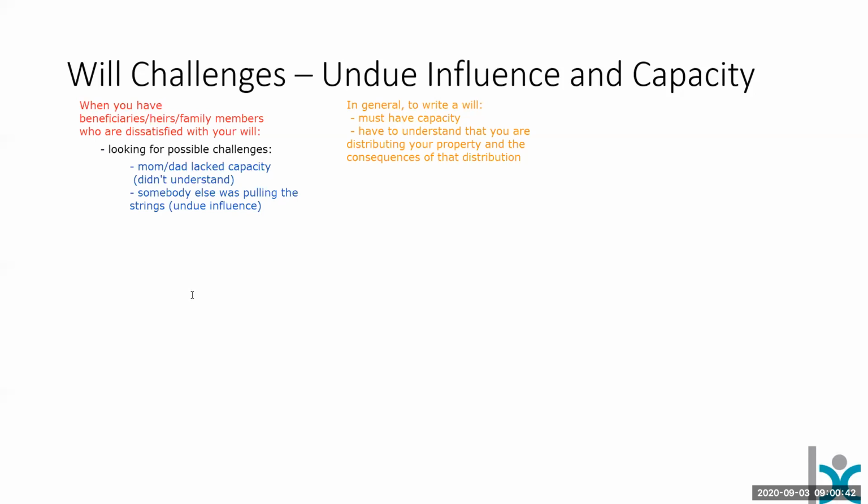And that person really exerted a large amount of influence here. It wasn't mom and dad or whatever the case is who wrote the will. It was somebody else. And really, because they weren't in a position to deal with whatever factors are at work here, they just signed the document that was put in front of them.